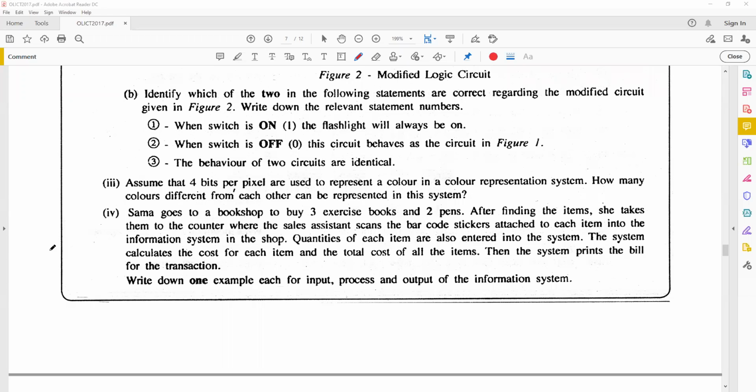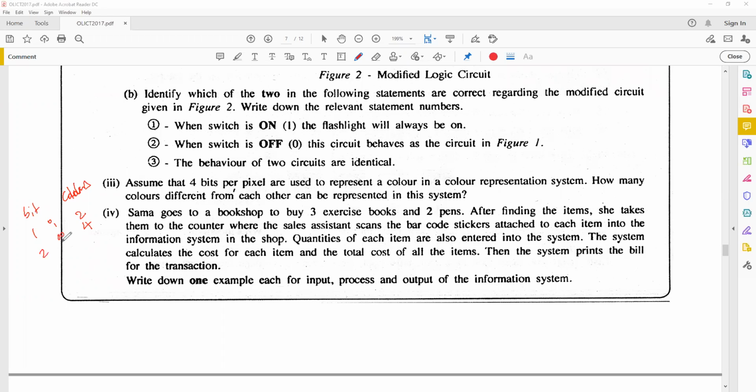We know that if you have 1 bit, you can represent 2 colors. With 2 bits, it's 4 colors. Why? This is 0 and 1.